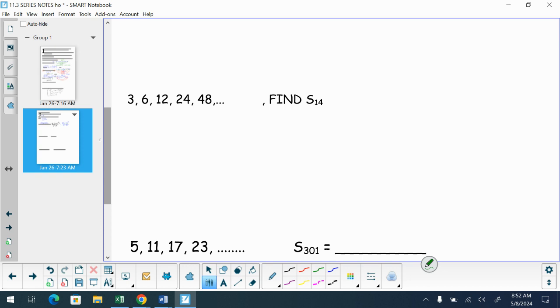So if I have 3, 6, 12, 24, 48, find your common ratio here. Find the sum of 14 terms. Go ahead and do the last two problems. The first one will be a geometric series.